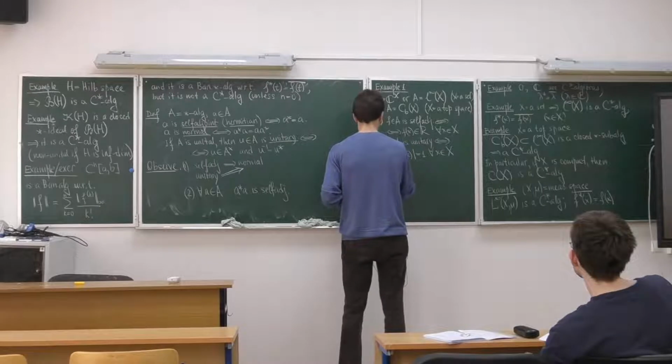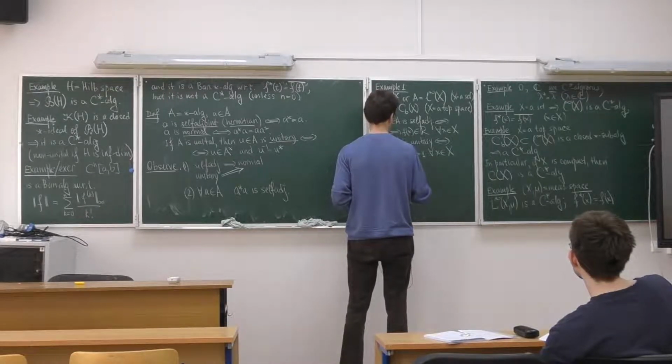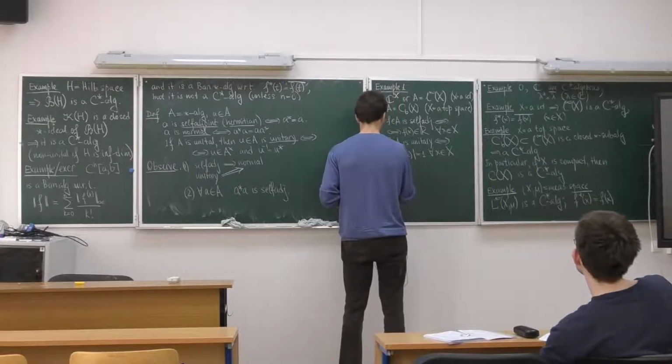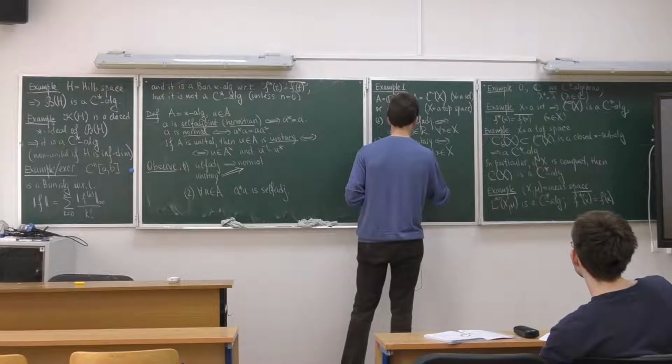Another example is the algebra of bounded operators on the Hilbert space. Example 2. Suppose A is B of H, where H is a Hilbert space.